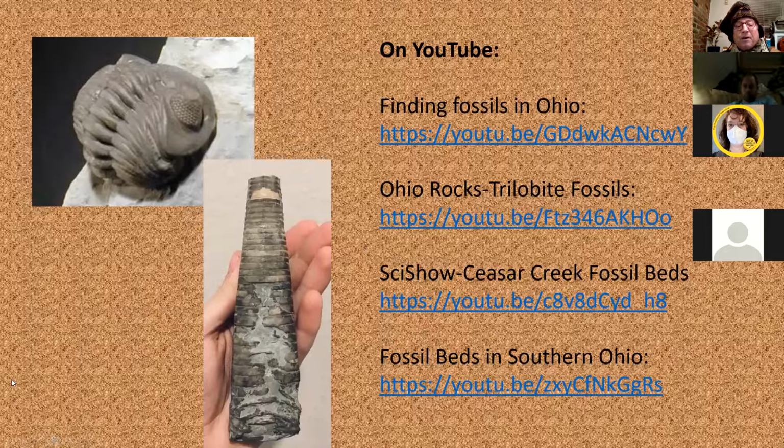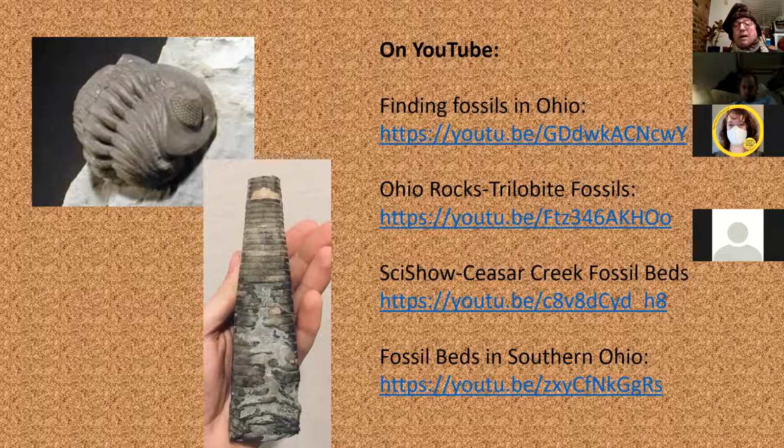Here are some really good links on YouTube for videos about fossils here locally. The first one is, and we will post these on the website, Finding Fossils in Ohio. It's very good.